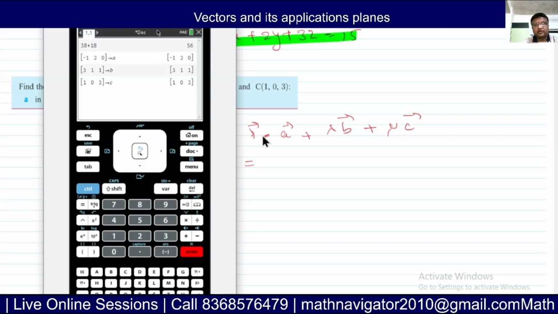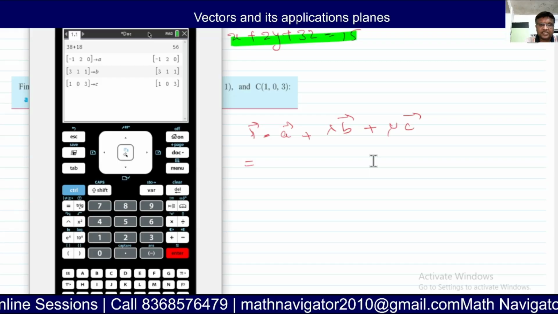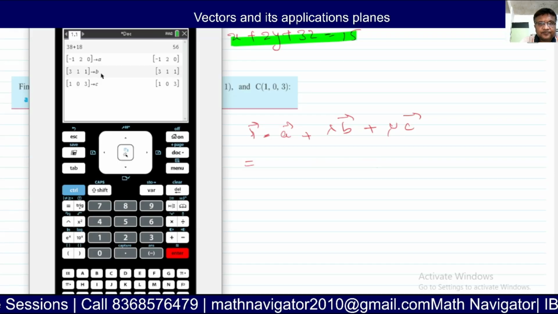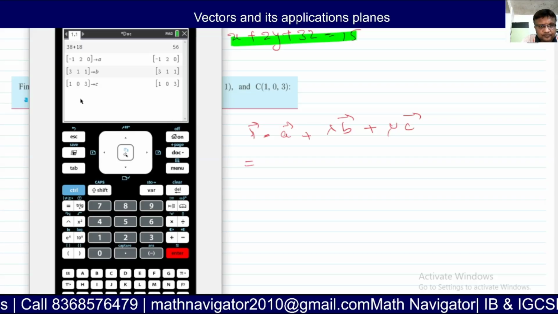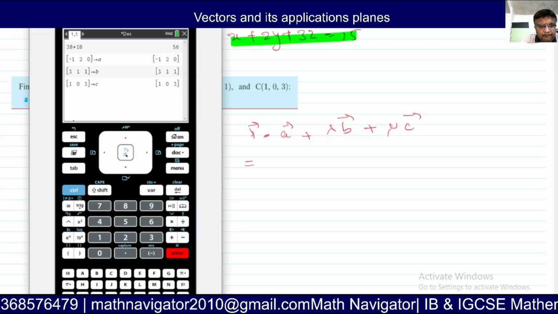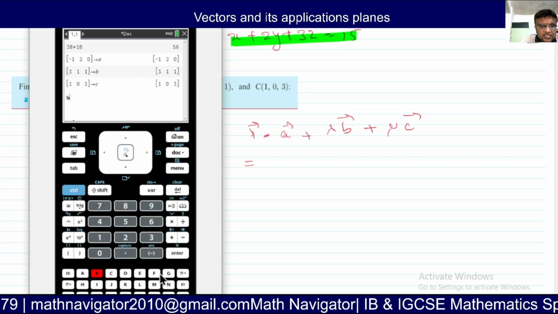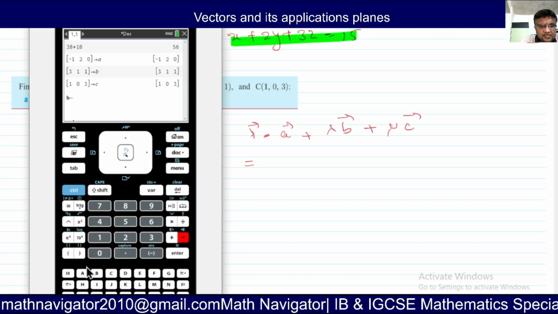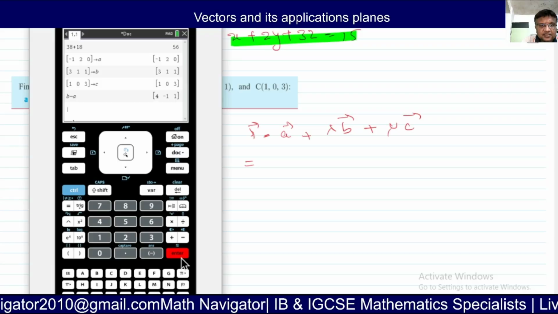So this is stored. Now, vector B is equal to vector B minus vector A. So what I'll do is, since I have stored it, I can do B minus A and hit enter.